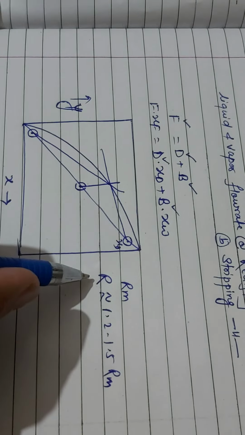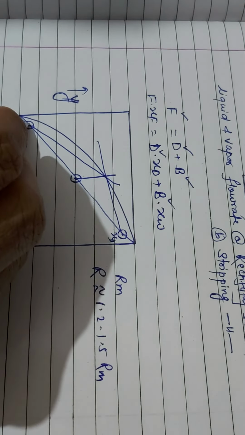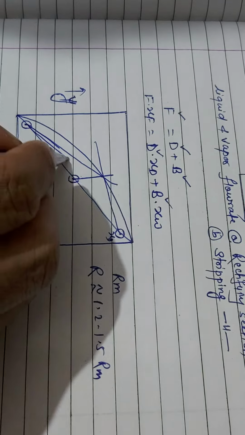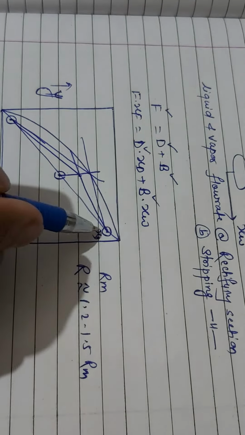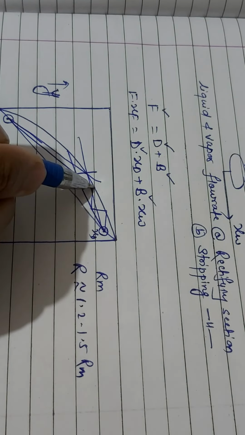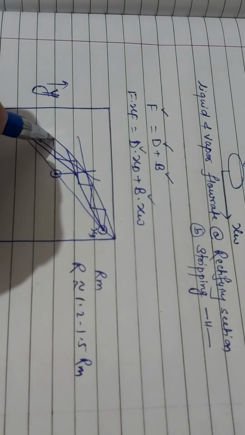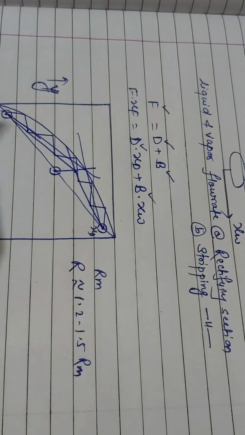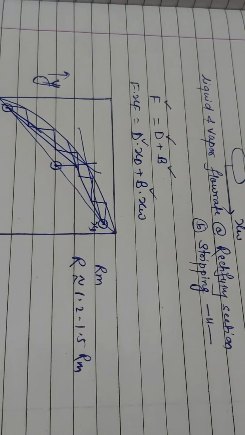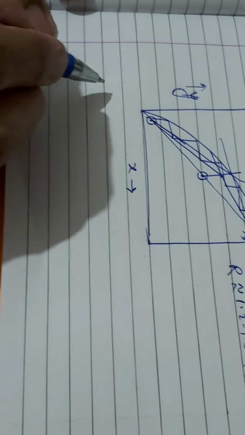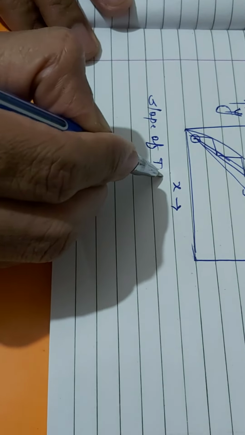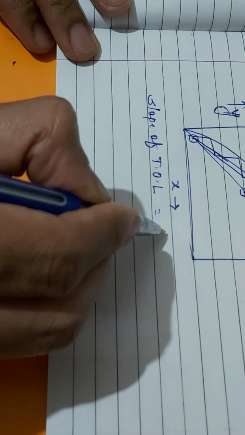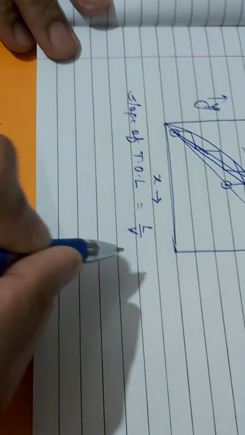Now with the actual R, you find the new operating line, and then you find the number of stages. Now the slope of the top operating line is L by V, which are the liquid and vapor flows in the top section.